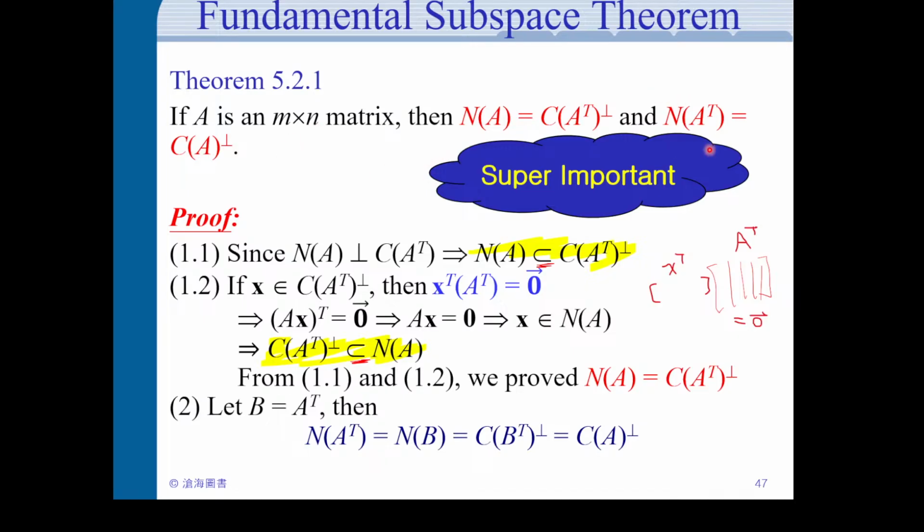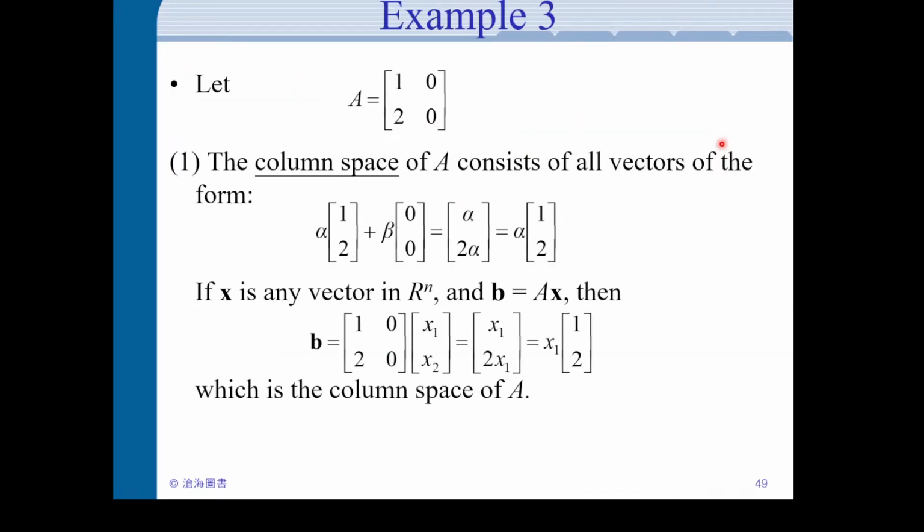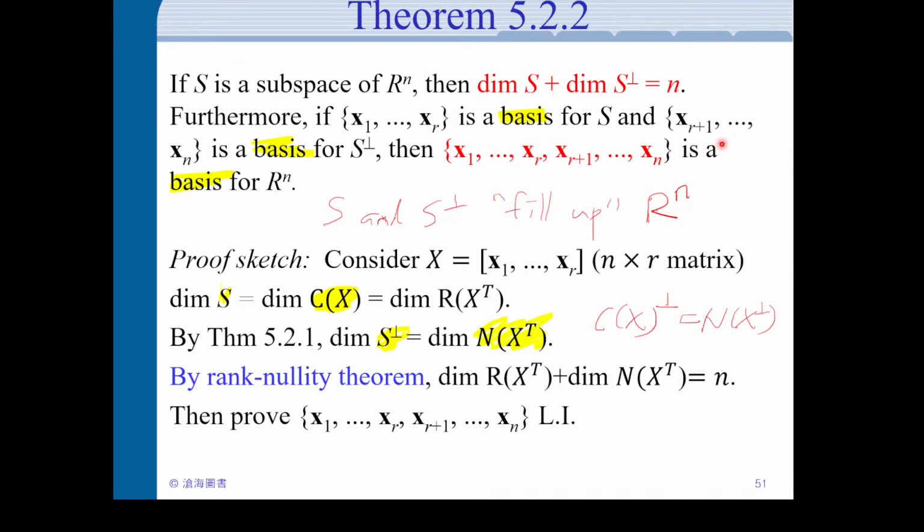So here we use this: the complement of the column space is equal to the null space of A transpose, and we change A to X. We know the column space is equal to S, so this complement of the column space is just the complement of our starting space S.